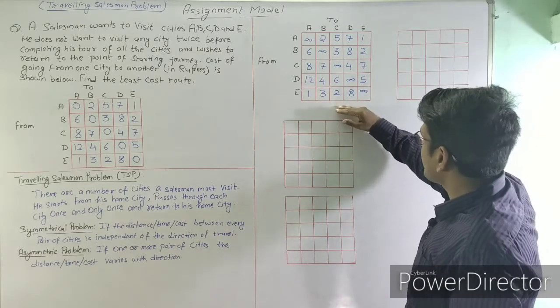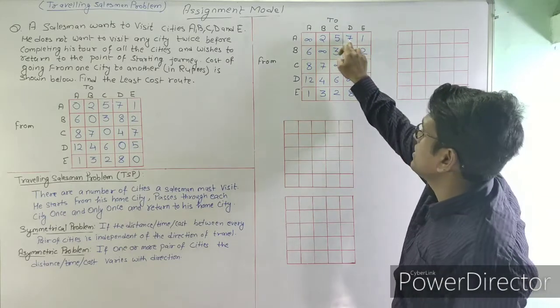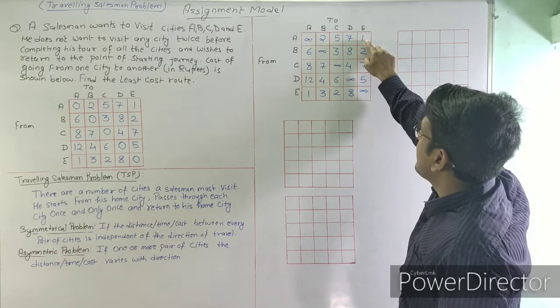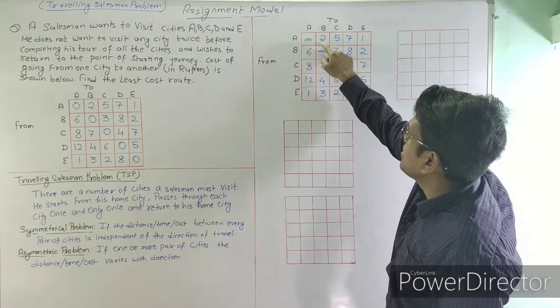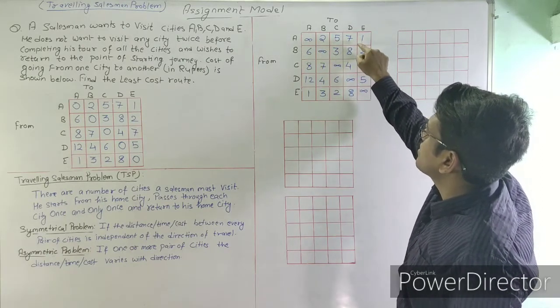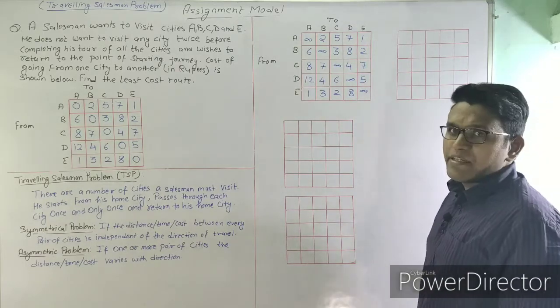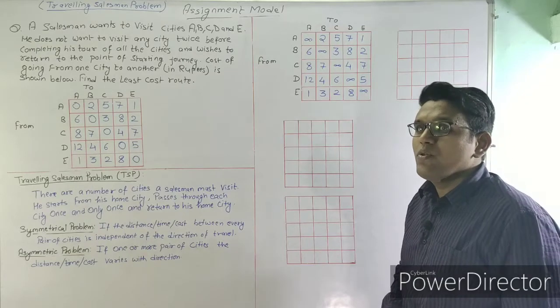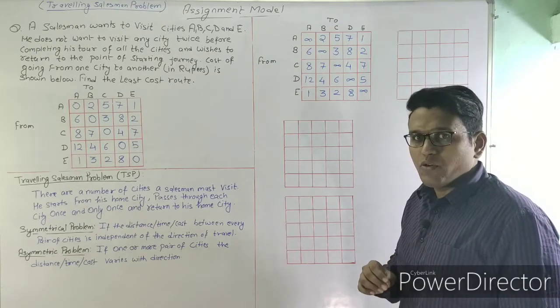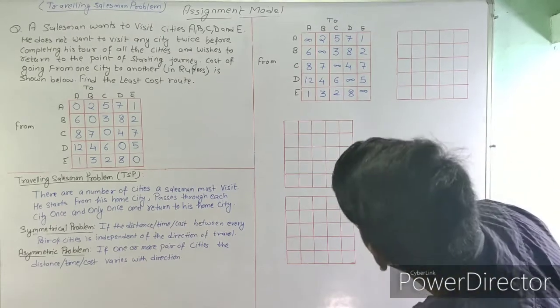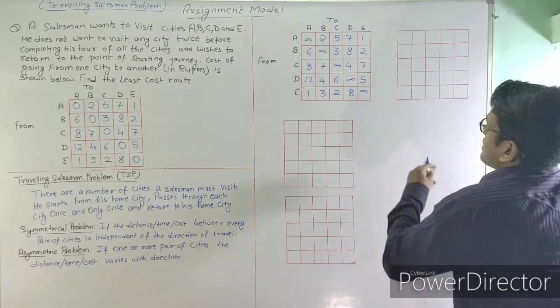For that we will select the minimum value in a row. For row 1 the minimum value is 1, and we will subtract this minimum value from each element of the row. We are doing this because for assignment we need to have at least one 0 in each row and in each column.